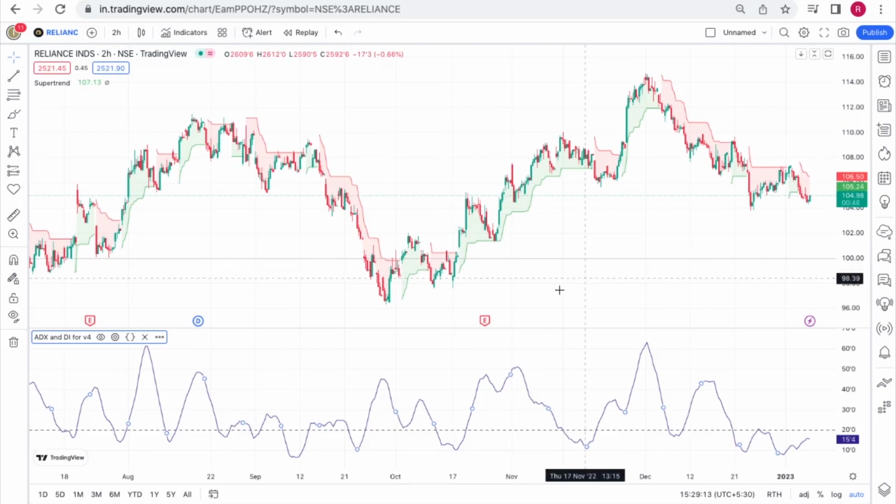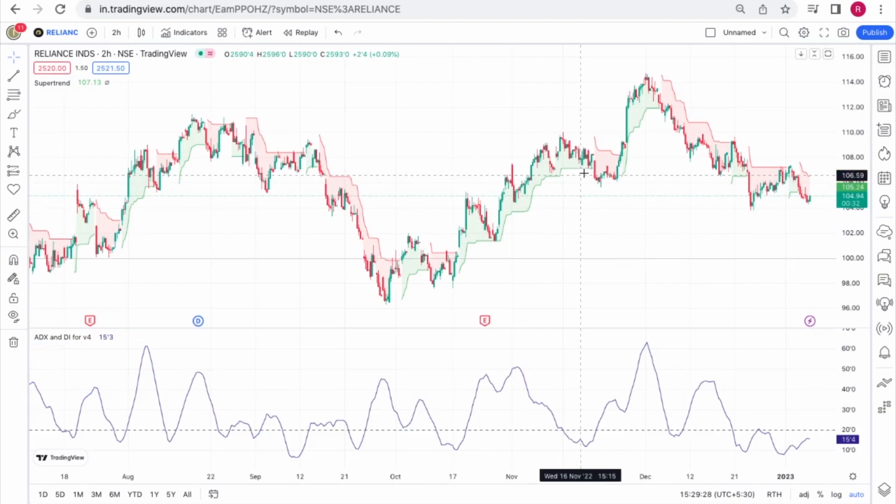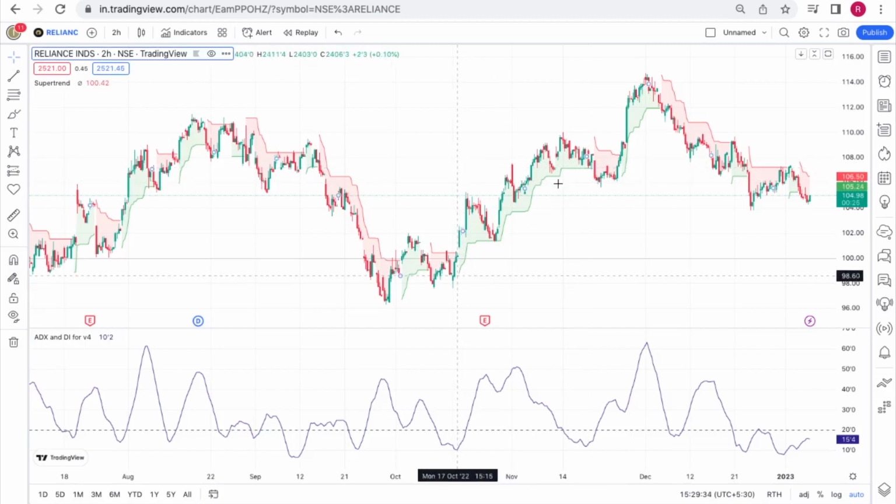Now in the chart here, you can see that this can be a buy signal, and when it is confirmed by the ADX here above the 20 value, this is where you can enter a trade, and when the super trend reverses to red is when we exit, and this can be your profit.